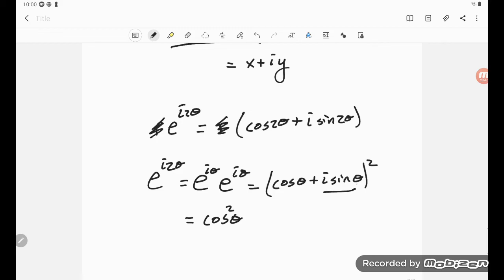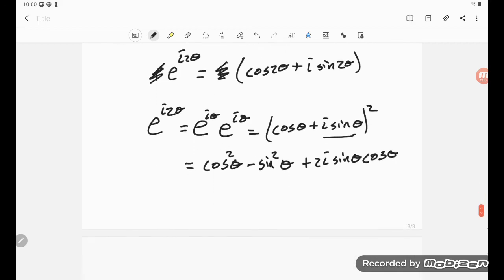Now for this term, when we square it, we'll get i squared, which is minus 1, times sine squared. So this is minus sine squared theta. And then our imaginary part will be plus 2i sine theta cosine theta.